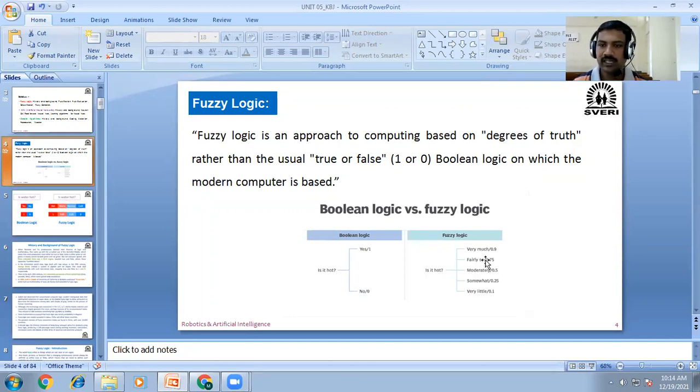Meaning the exact truth value we can define in fuzzy logic, and this fuzzy logic is useful for a machine to decide anything related to that.